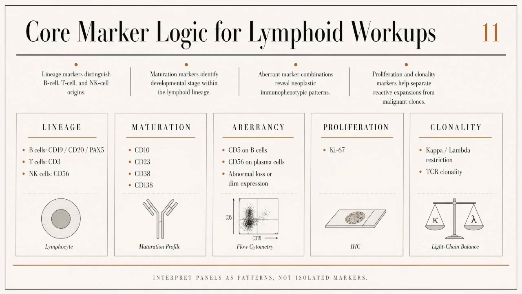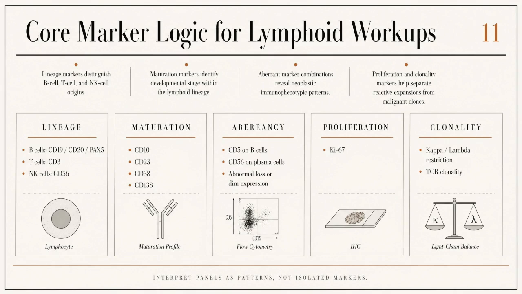For example, CD10 positivity in a B-cell population may indicate a germinal center origin, which is relevant in follicular lymphoma diagnosis. Histotechnologists must be vigilant in optimizing staining protocols for these markers, as their expression can be subtle and variable depending on fixation and antigen retrieval methods.